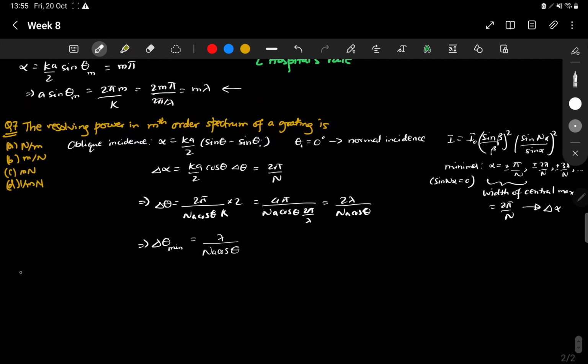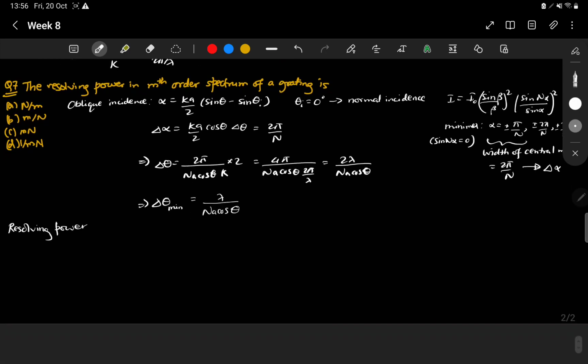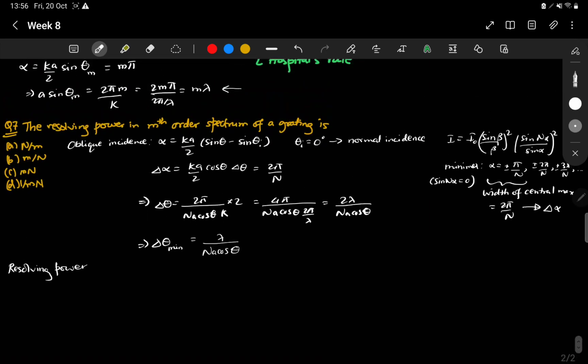Also, resolving power is defined as follows: R equals lambda over delta lambda min. Lambda is the average wavelength and delta lambda is the difference between the two closely spaced wavelengths which we want to resolve.